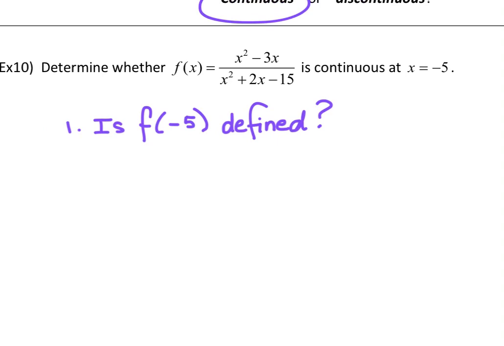Now, you could do this 2 ways. You could enter the function into your y equals screen and then look at -5 on the table and see if it gives you a value for -5.